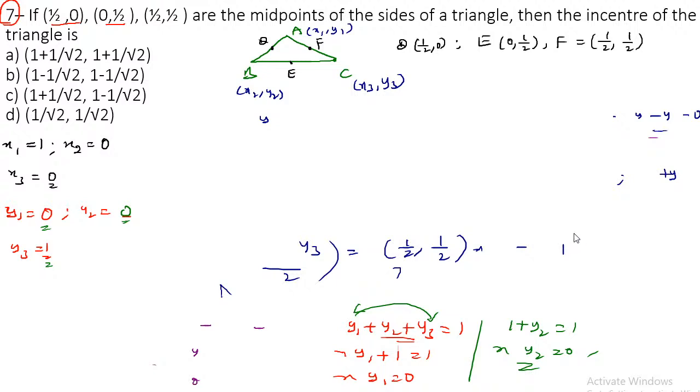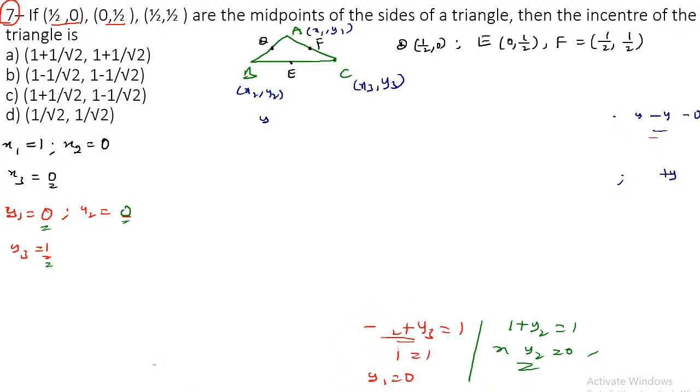Yes, Grishma, y1 is equal to 0, y2 is equal to 0, y3 is equal to 1. Yes, you are correct. Do you also know how to find the incentre when three vertices of a triangle are given?